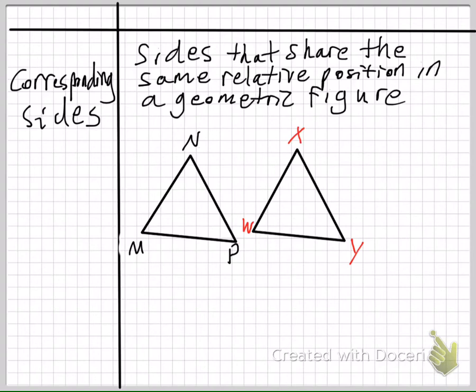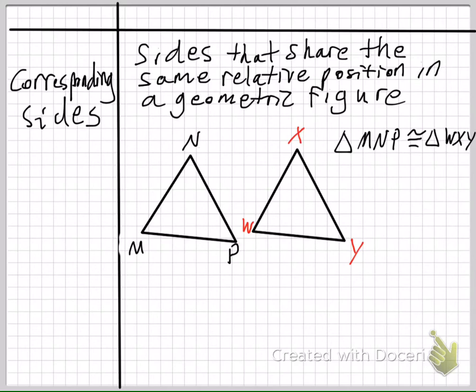All right, and I say that the triangle MNP is congruent to the triangle WXY. So knowing that, I can make a couple of statements.